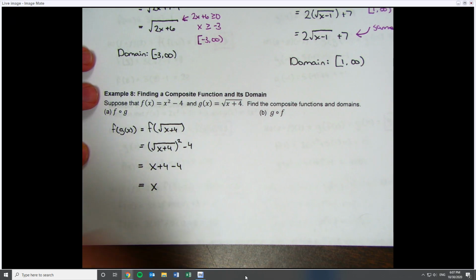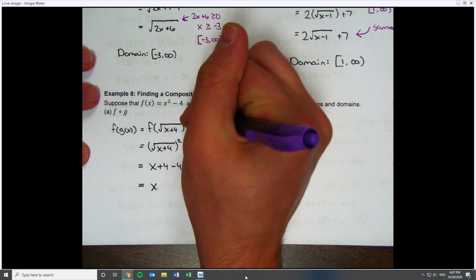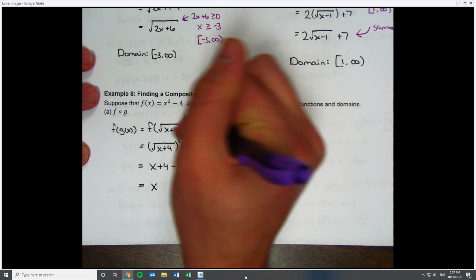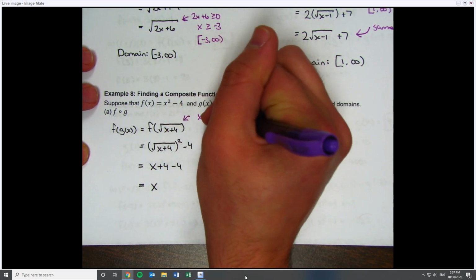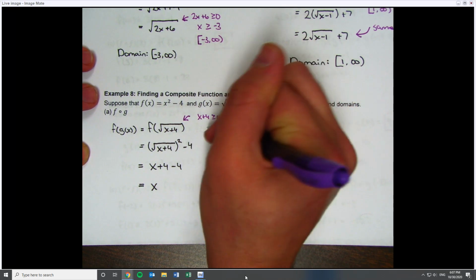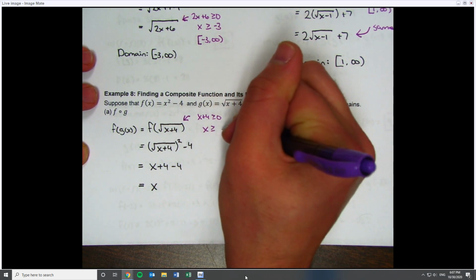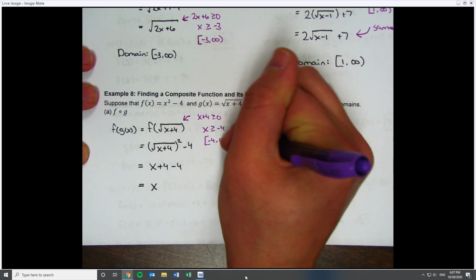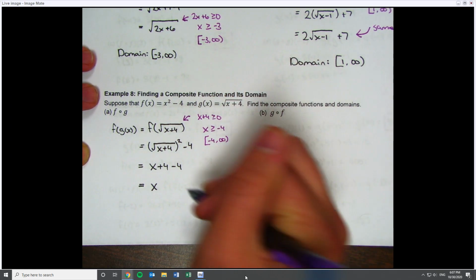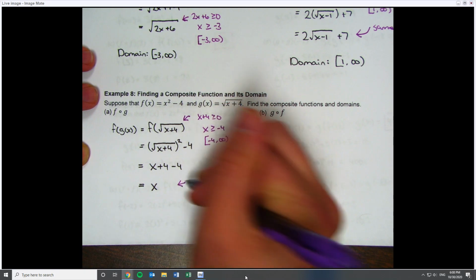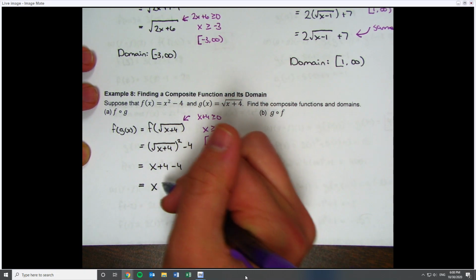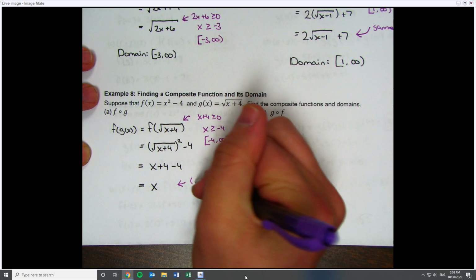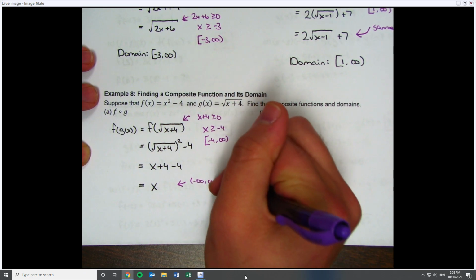Now, looking at my domains for the original inside, I see that I have to have x plus 4 greater than or equal to 0. That gives me x is greater than or equal to -4. So -4 to infinity. Looking at this one, there's no square roots, there's no fractions. This one's -infinity to positive infinity.